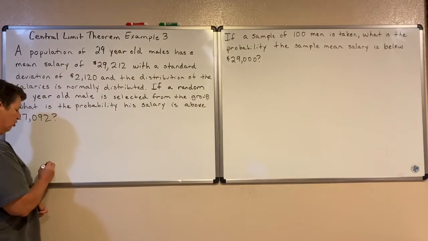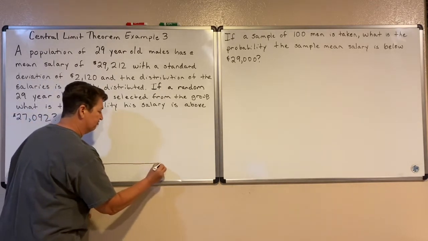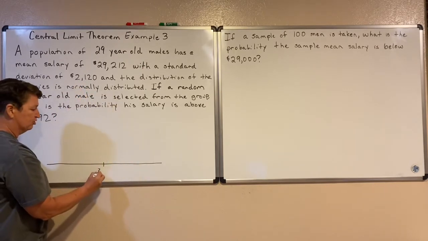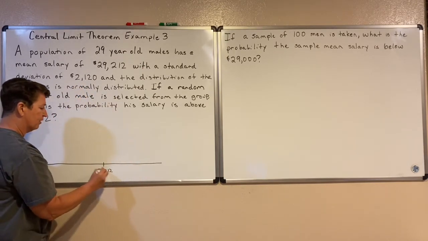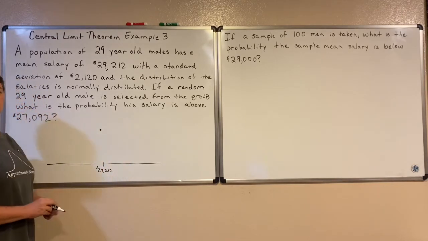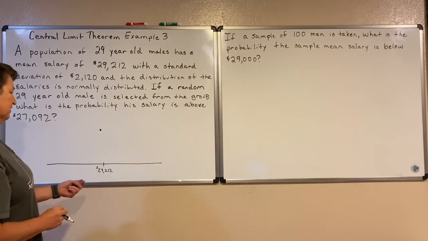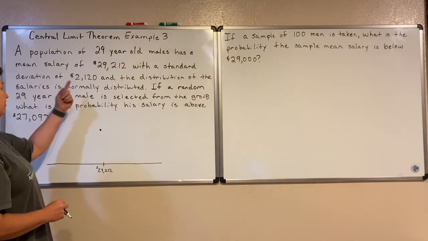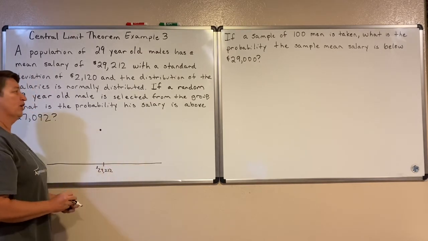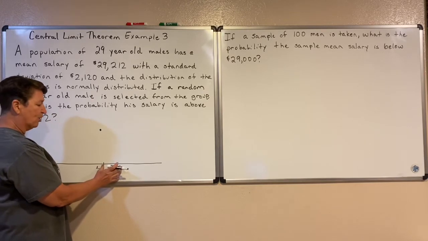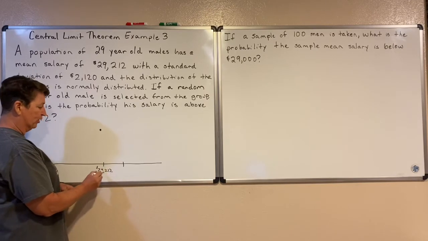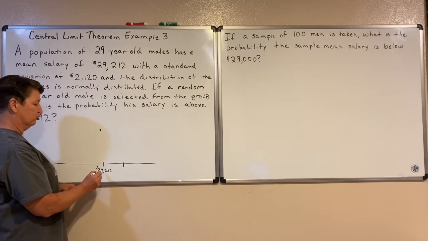First, we know that the mean of this distribution, which will be right in the middle, is 29,212. Remember that the mean is the peak of our normal distribution. It's where our mean, our median, and our mode sit. Then we know the standard deviation of this distribution is $2,120. So if I go up one standard deviation from that mean, we're going to add 2,120 to that.